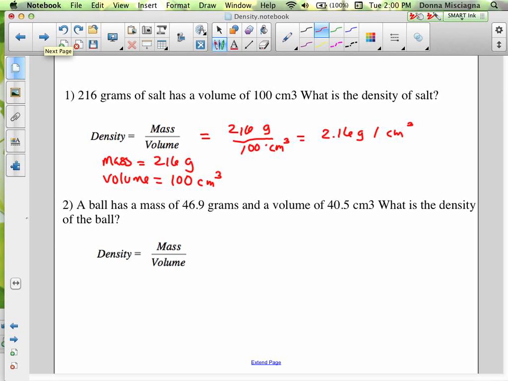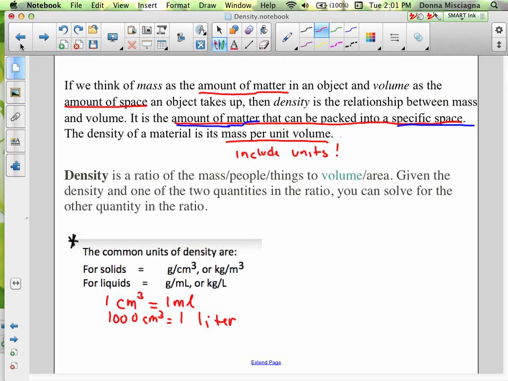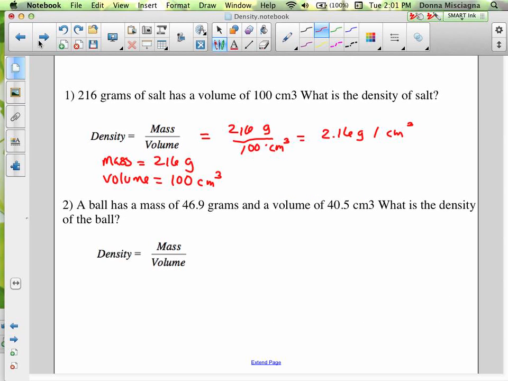Now we could switch that. Remember we had over here, we went through the units, and our centimeter cubed is the same as a milliliter. So we also could write this as 2.16 grams per milliliter.